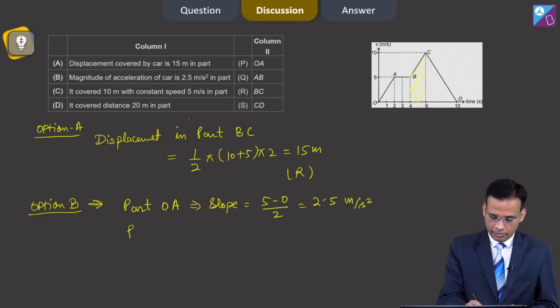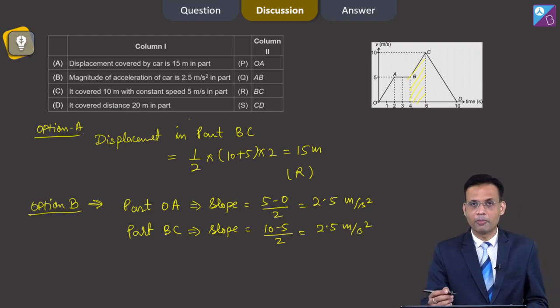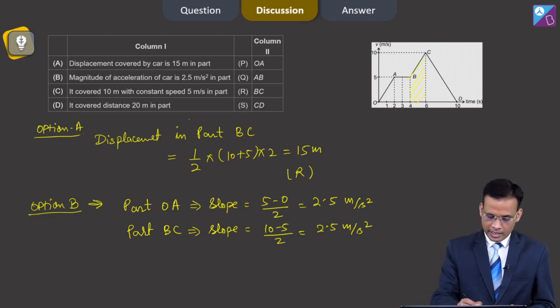Again, for part BC, slope will be equal to 10 minus 5 by 2, that is again 2.5 meter per second square. So, the acceleration of part BC is 2.5 meter per second square.